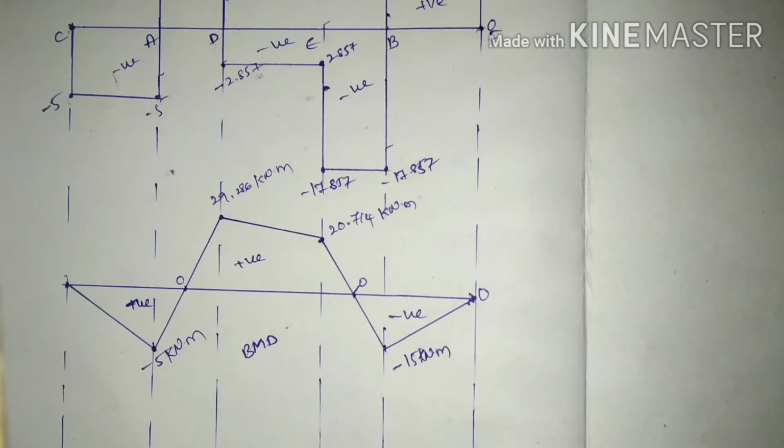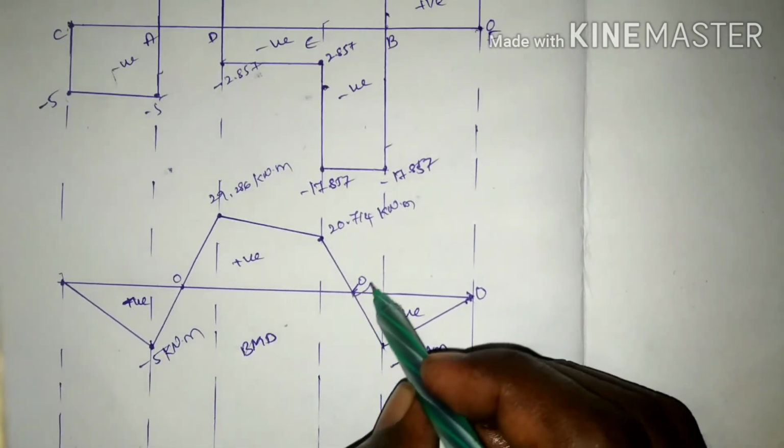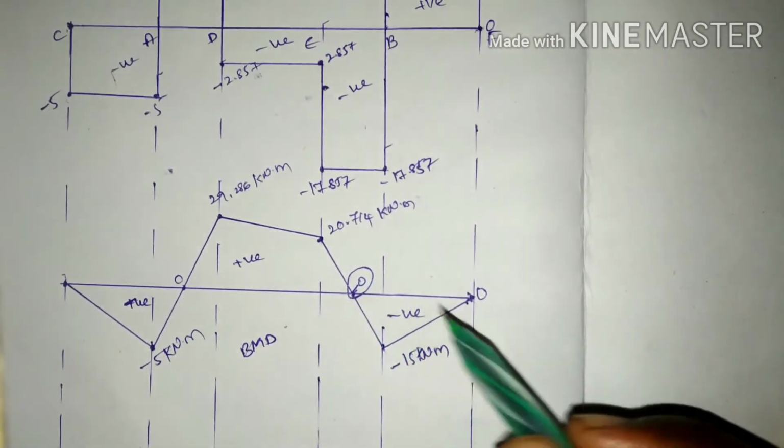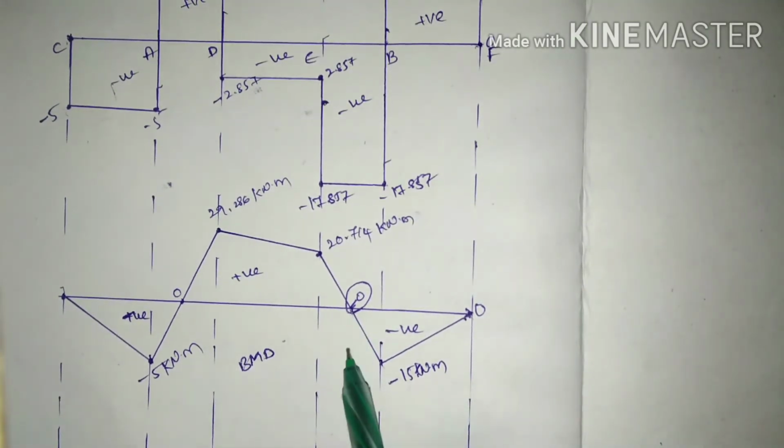Where the change occurs, that point is called the point of contraflexure. To find this point of contraflexure, we have a method: taking the moments about this point.